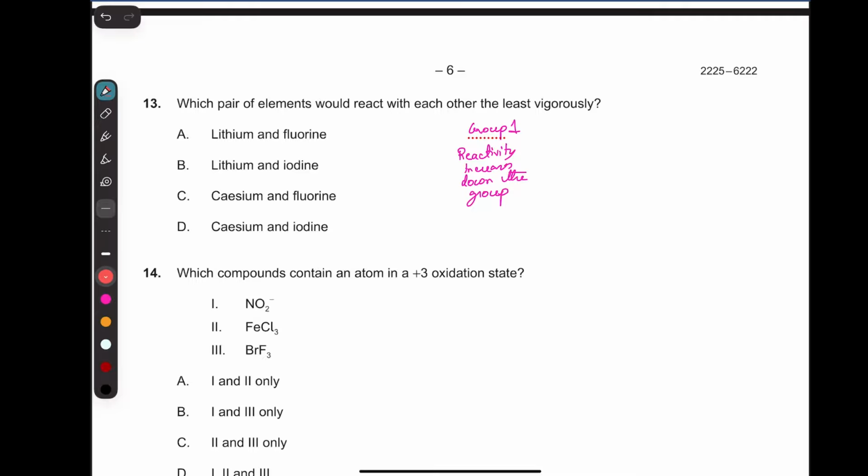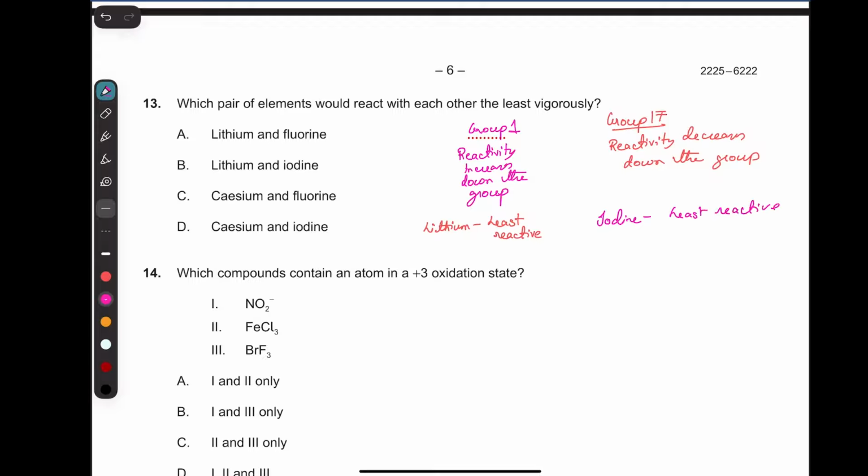So for group 1, lithium is the least reactive. For group 17, as you go down the group, the reactivity decreases. So here iodine is the least reactive.